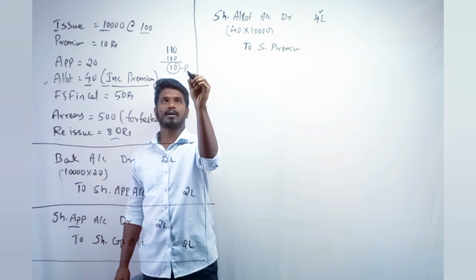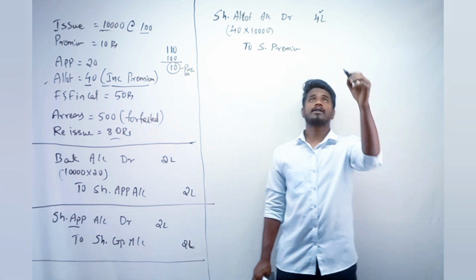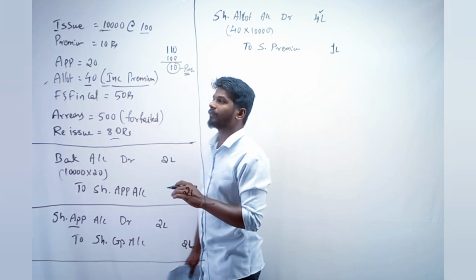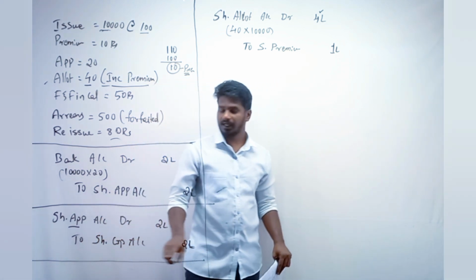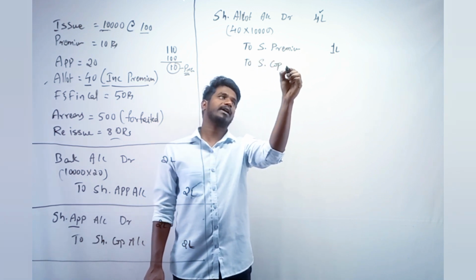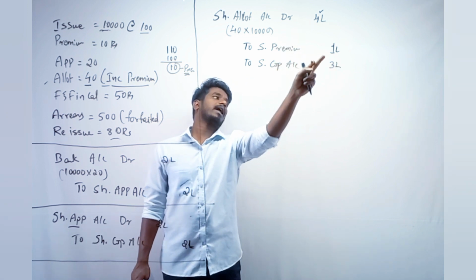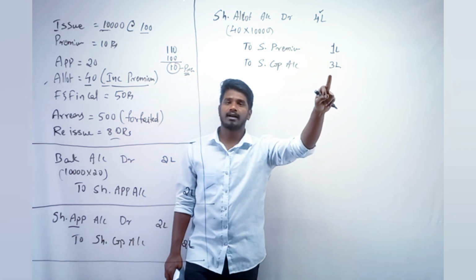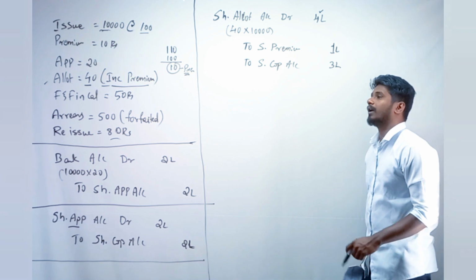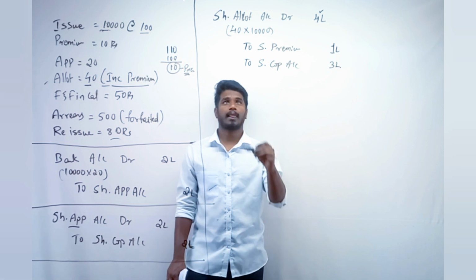This is your premium. 10 rupees is the premium, which means it will be 1 lakh rupees. Next, what is the entry here? To share capital account, we will transfer it. It is the remaining 3 lakh. 4 lakh minus 1 lakh, it will be remaining 3 lakh on the credit side. Fine. So make a note of it and we'll move towards the next entry, bank and to share allotment.